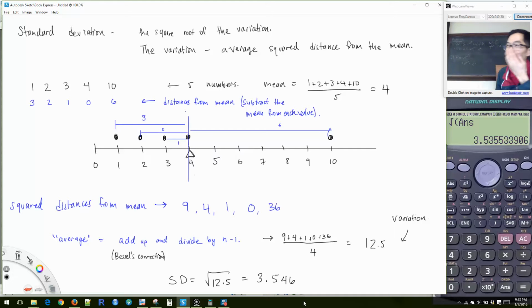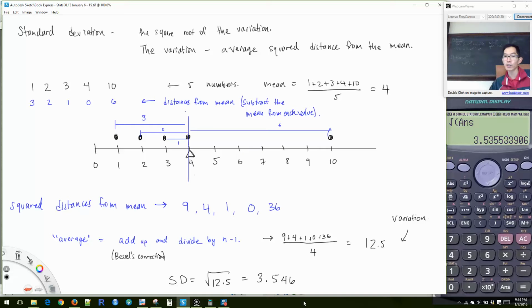Is this okay? There are a few steps involved, but the key is to keep in mind that the standard deviation is another way to measure the amount of spread or dispersion in a data set. Spread is just the concept of, are my numbers quite similar to each other, or are they quite different?